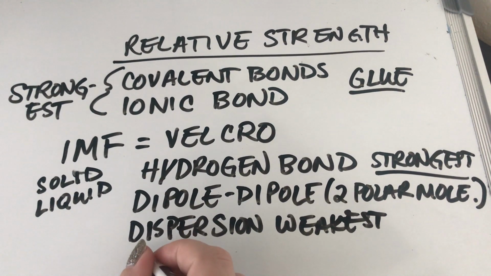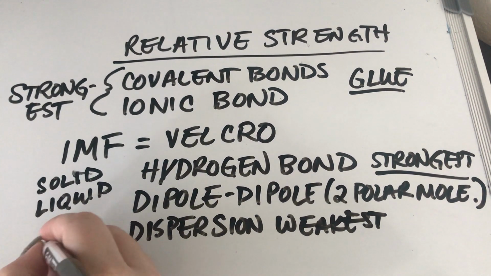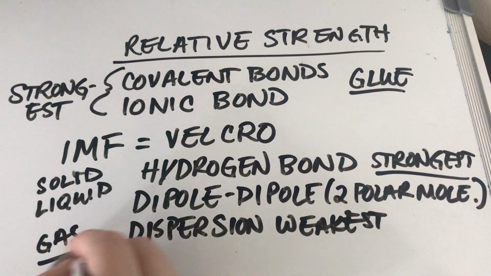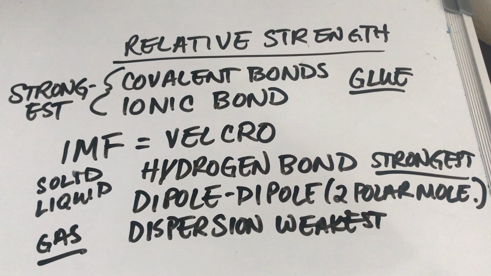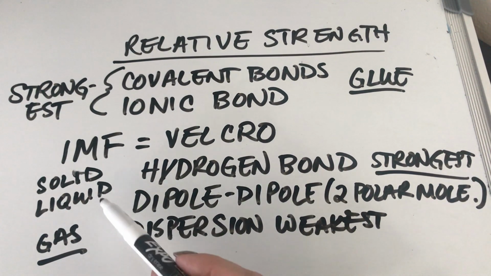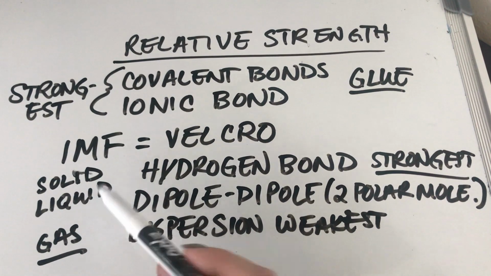Dispersion forces being the weakest of them usually mean that you have a gas, because there's not a lot of strength in the interaction between dispersion forces in molecules. So they're not very sticky, which means that they're not going to condense into a liquid.